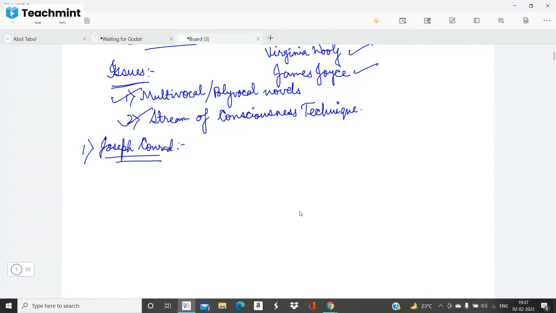Now, Joseph Conrad's dates are 1857 to 1924, and he was the son of a Polish patriot. He was born in Ukraine, and later he joined the British Merchant Navy.